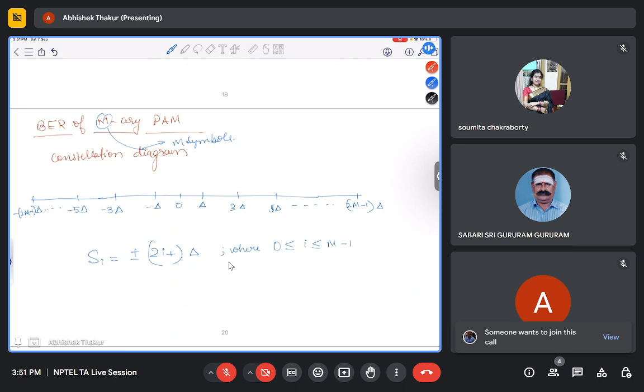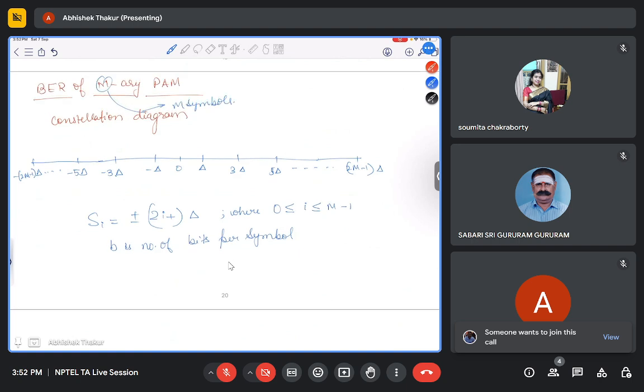The constellation is shown as drawn in the above picture, and the quantity M can also be related to the number of bits per symbol. So b is the number of bits per symbol. This b is given as log base 2 of 2M.